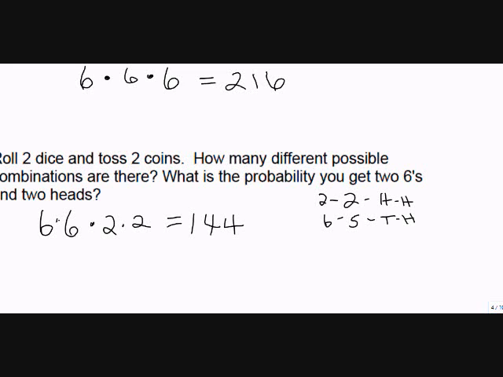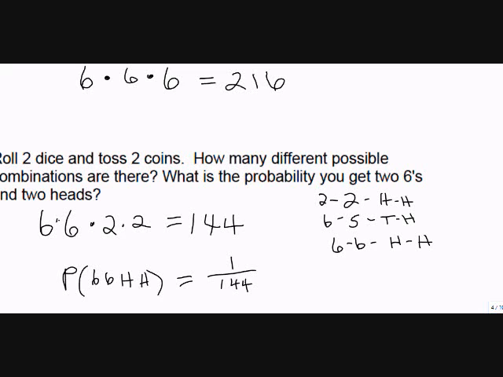What's the probability we get the one that is 6, 6, head, head? How many wanted outcomes are there? 1. Out of how many total possible outcomes? 144. Okay. You could have used the multiplication rule on this one.